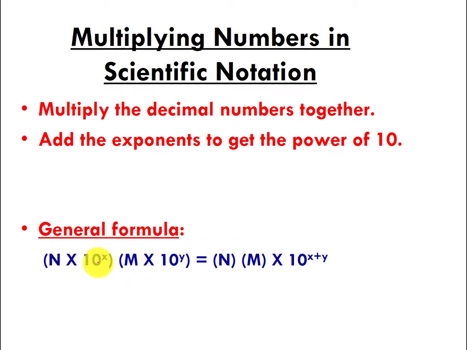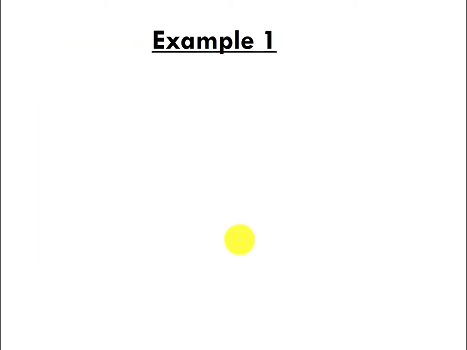Then you multiply 10 raised to x by 10 raised to y. And we know that when you are multiplying exponents, you have to keep the base 10 and then add the exponents x and y. And then we need to simplify the product of n and m to make sure that this number is between 1 and 10.